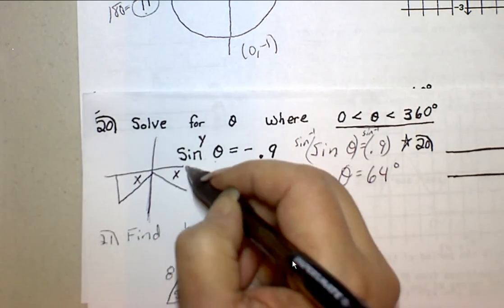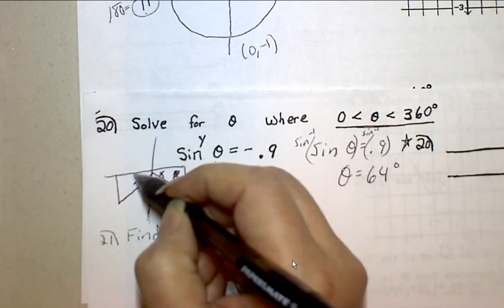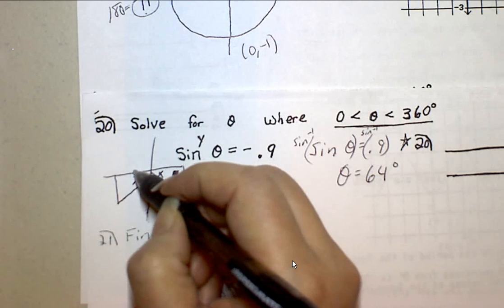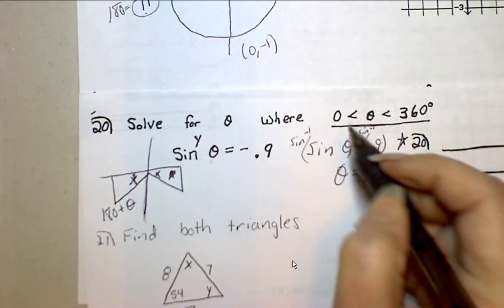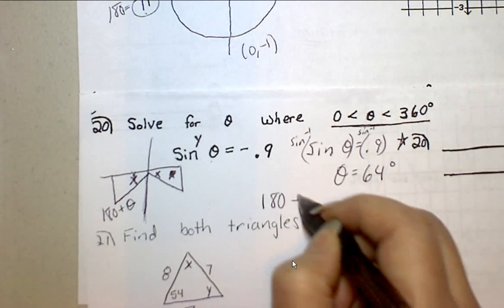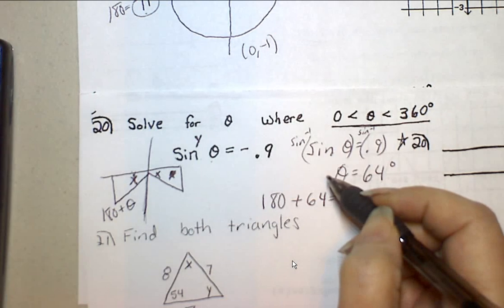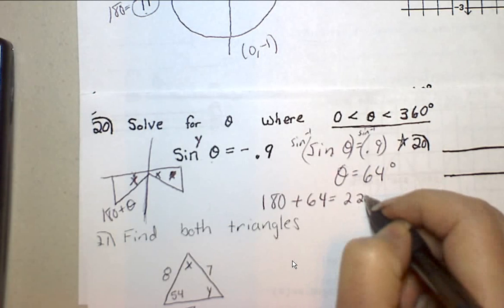To get this angle, we went all the way to 180, and then we have to pass it, so we have 180 plus theta. So on that one, I have 180 plus my 64. So 180 plus 64 gives me 244.